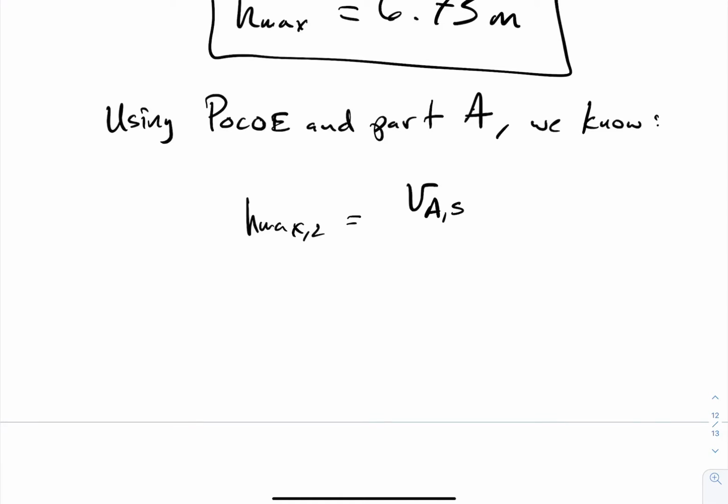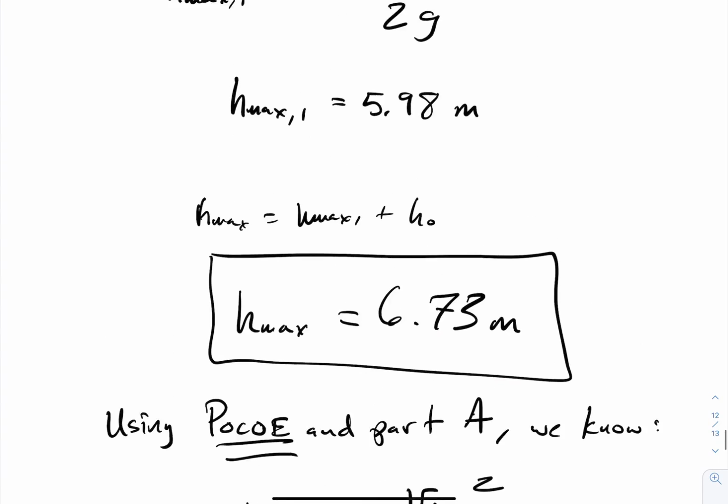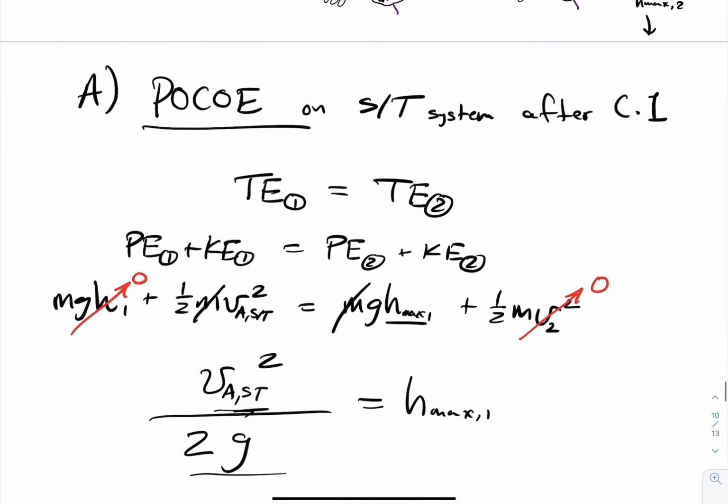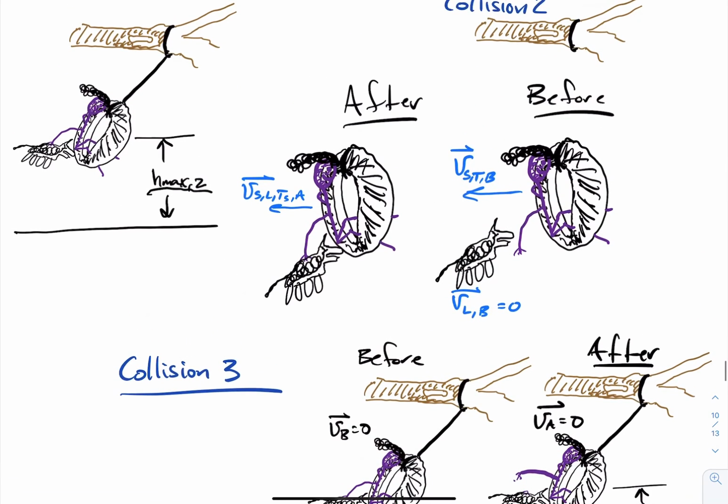We called it Smoot Labradoodle tire swing squared over 2g. So this just came from POCO. We would just do exactly what we did here again, because we would start with all kinetic energy and end with all potential, but it would be for H max 2, and it would be for the tire swing Smoot dog system. So we're kind of ignoring the second collision right now until we need it.